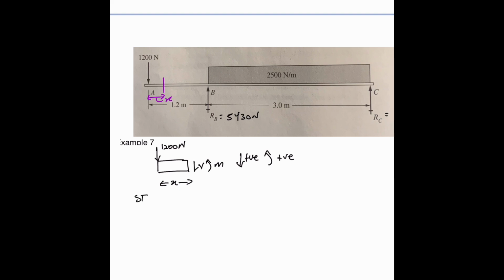So the shear force will be 1200 plus V. You notice the shear force is negative, meaning that it will not be pointing down, it will be pointing in the opposite direction. And this is valid for x less than 1.2 meters, and greater than or equal to 0. So this is the range at which this V is minus 1200. That is this range here.